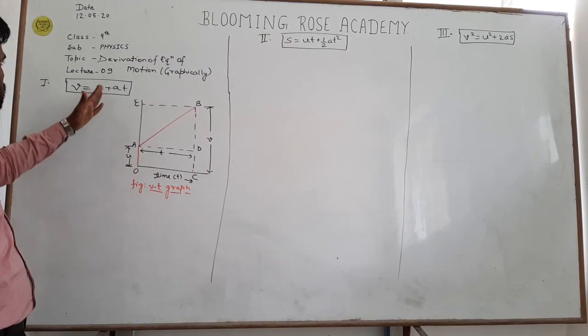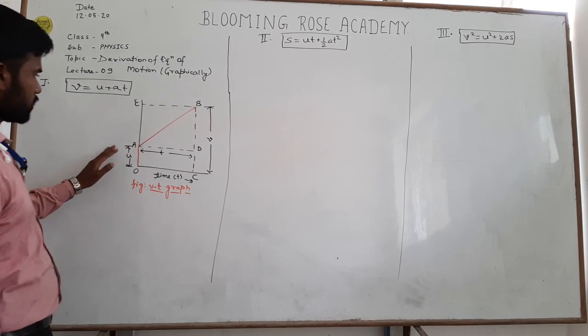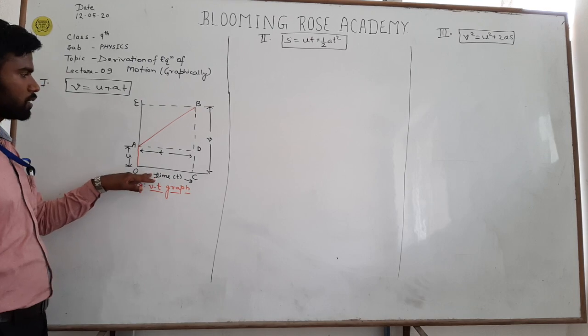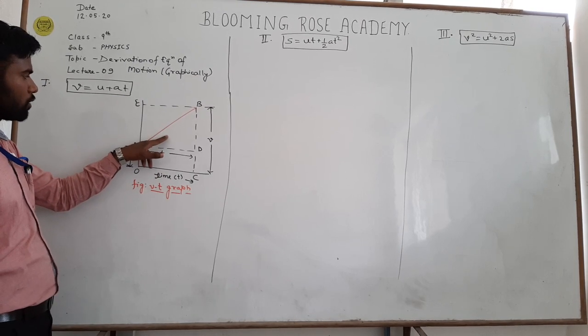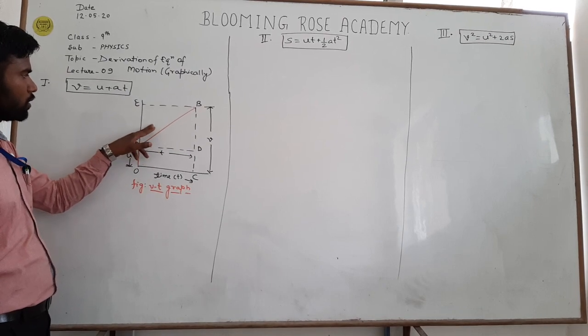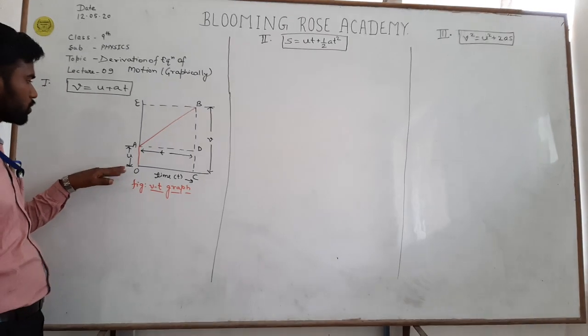To prove this graphically, we have drawn a graph here, which you can see. This graph you have drawn earlier. This is a graph of uniform acceleration when initial velocity is not equal to 0.